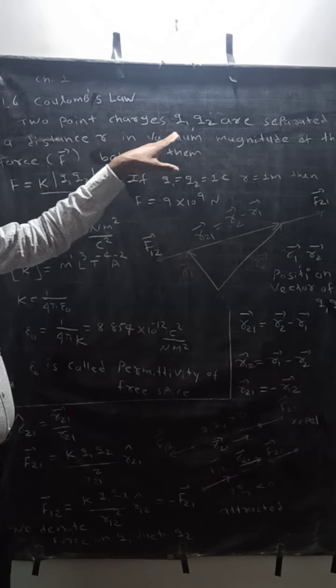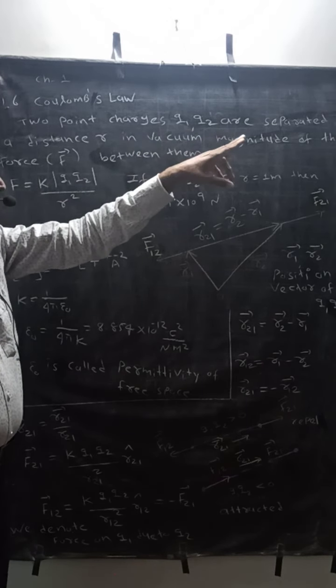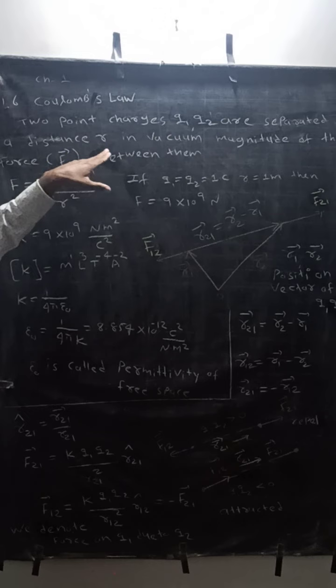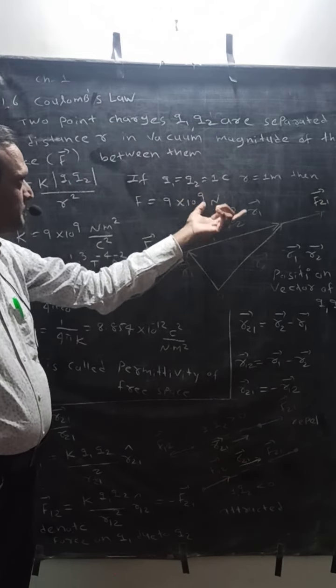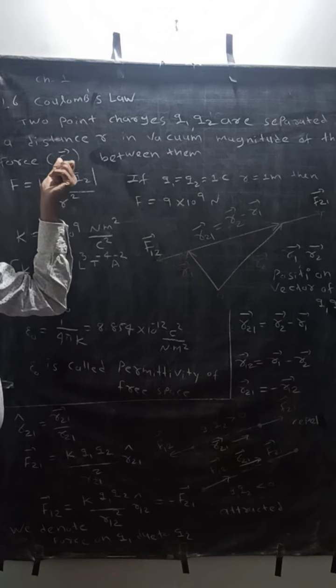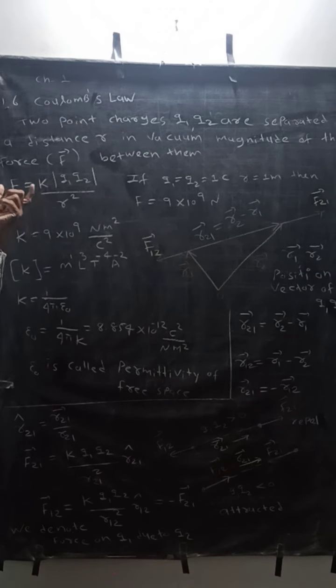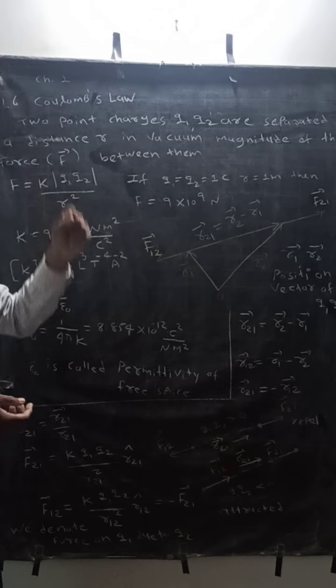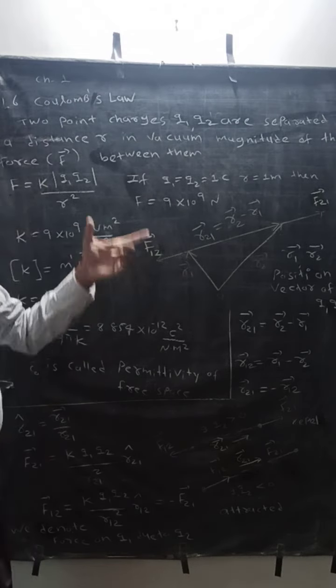The two point charges Q1 and Q2 are separated by a distance R in vacuum. The magnitude of the force F between them is F equals K times the modulus of Q1 Q2 divided by R square. This is from Coulomb's law.